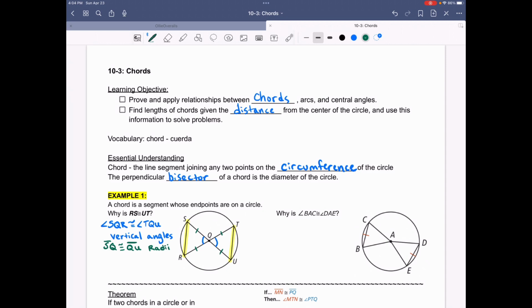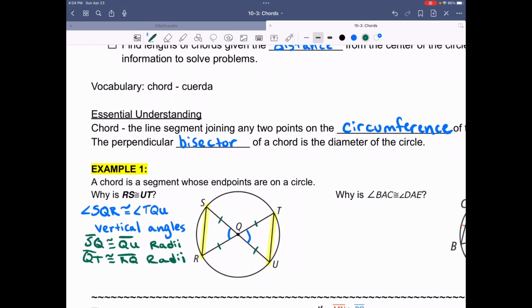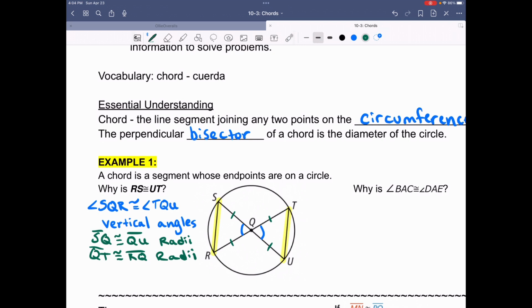And we're also going to say that side QT is congruent to side RQ because they're also radii. And now we can say that RS, which is what we've been trying to prove, is congruent to UT.